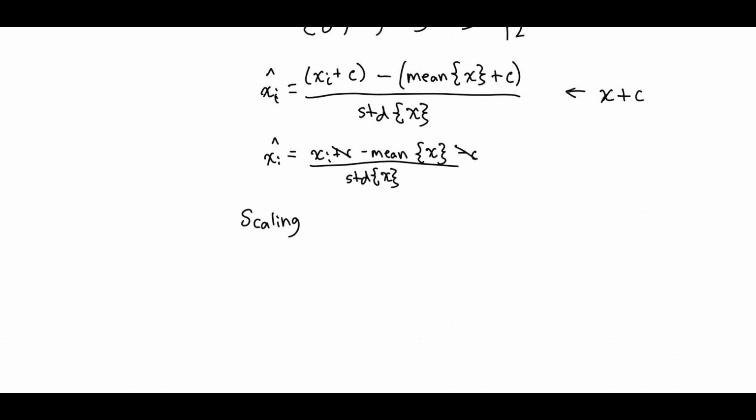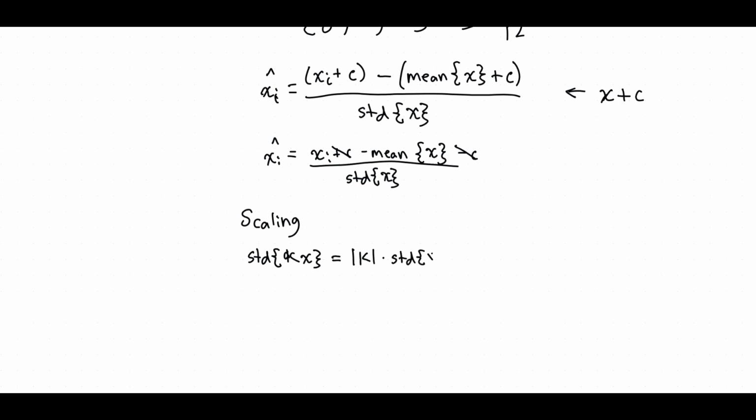So what we can notice is when we scale a data set, we can use that property of standard deviation. So the standard deviation of kx is going to be equal to the absolute value of k times the standard deviation of x.